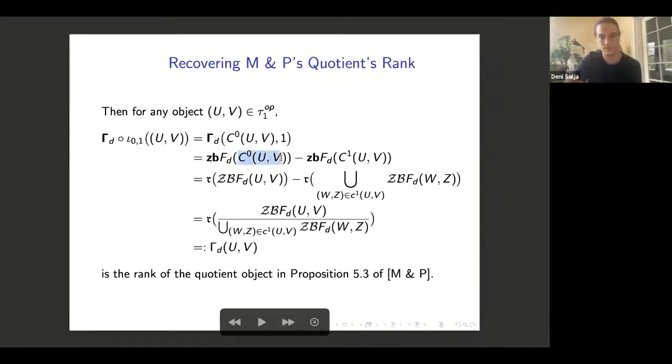Here we have C0 of UV, which is just really the set containing UV. And here we have C1 of UV, which is all the things that came before it. And the way that this bold ZB is defined is it's the rank of that union thing. So the union here, you just have ZBFD of UV. And here you're taking the union over all of the things that came just before it. And this is the rank of this quotient.